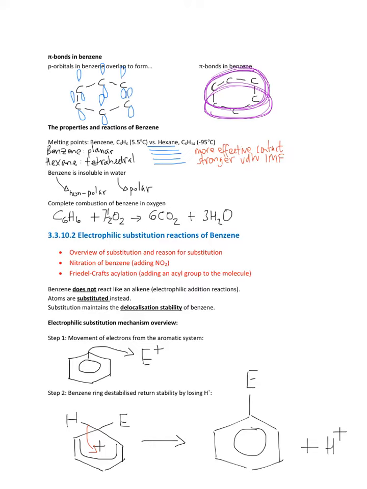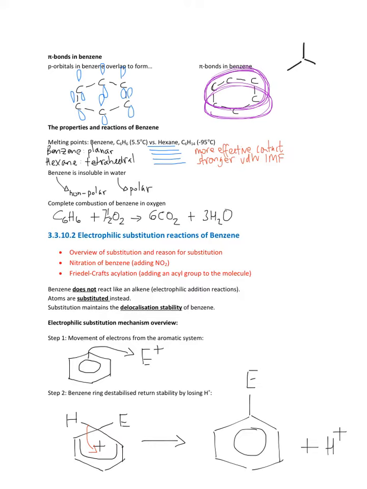Some of the properties and reactions of benzene. Firstly, benzene is a planar structure. If you imagine it has 120 degrees around its carbon-carbon bonds, so it is planar, whereas hexane is tetrahedral.